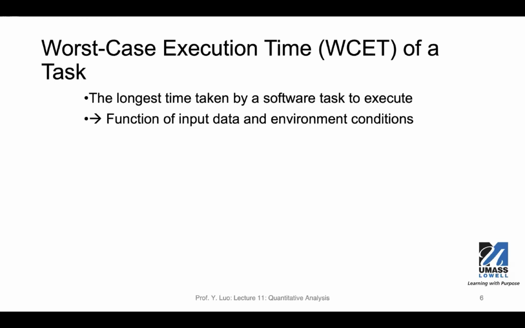For example, the loop iteration may depend on the input data. If you use the input data as the upper bound of the for loop, then of course a larger value means more iterations, so the execution time will be longer. But that's just one simple example of how input data may affect the execution time.